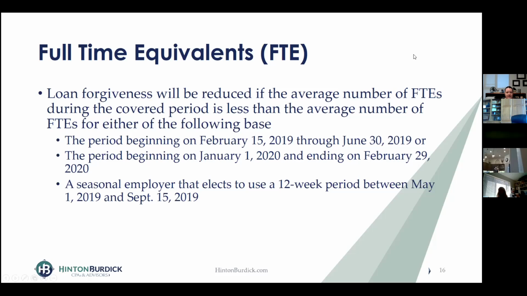Or if you're a seasonal employer, it can be any 12-week period from May to September of last year. So you can ask, okay, which one should I use? That's gonna really depend on your business. So I suggest that you calculate both of them, or all three of them if the seasonal applies, and determine which one works best for you.